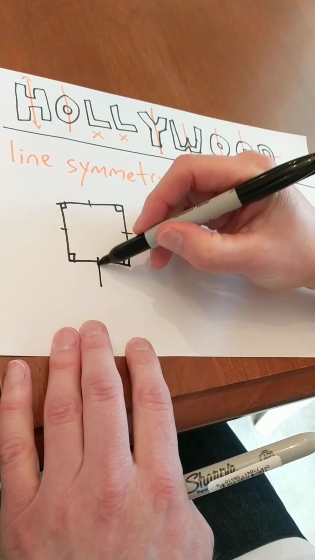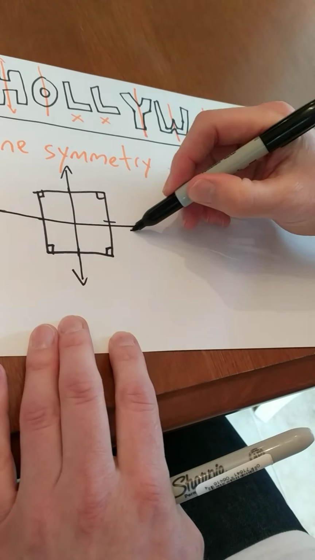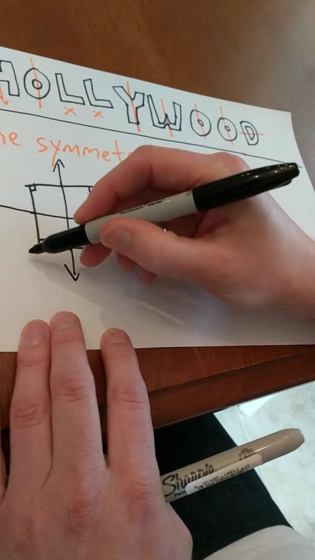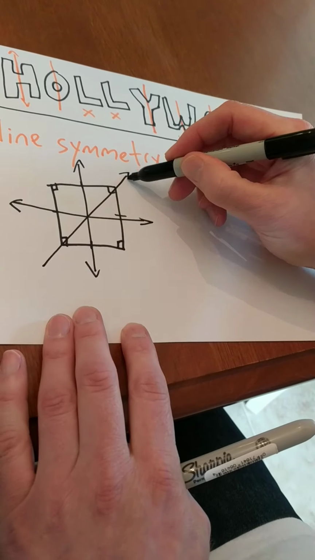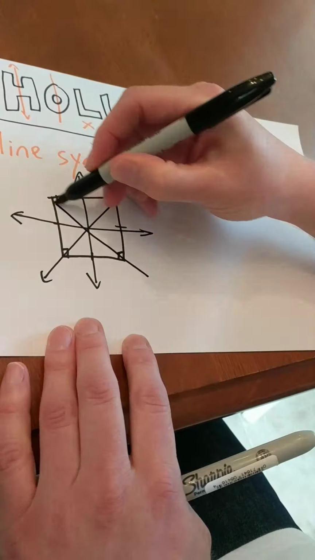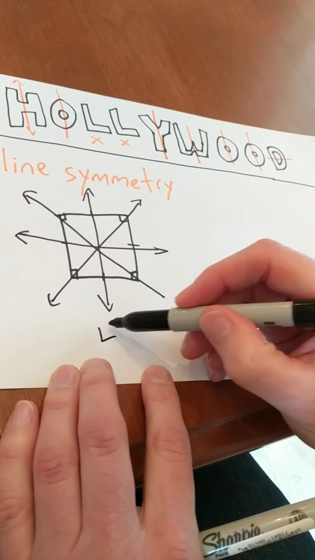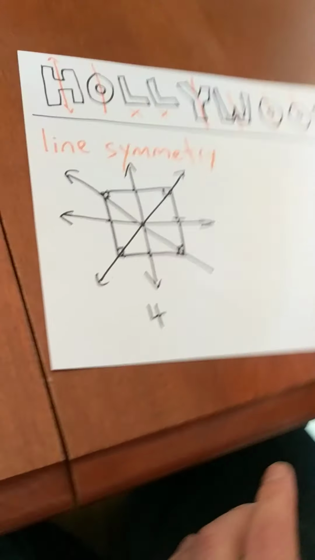You can draw a line this way on a square, this way, this way, and this way. Let's count that up: 1, 2, 3, 4. So a square would have 4 lines of symmetry.